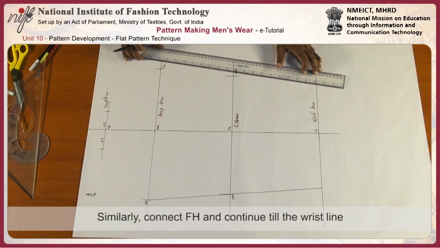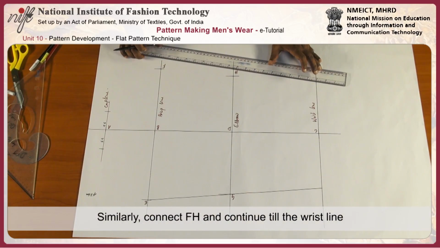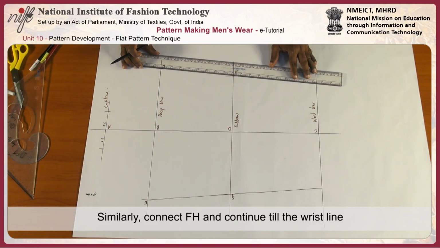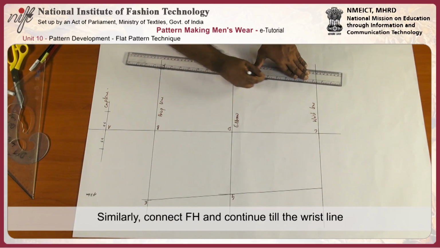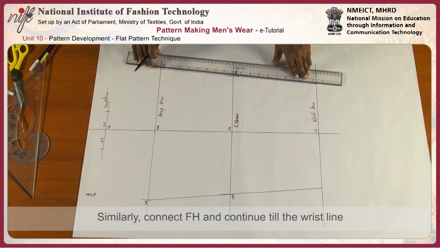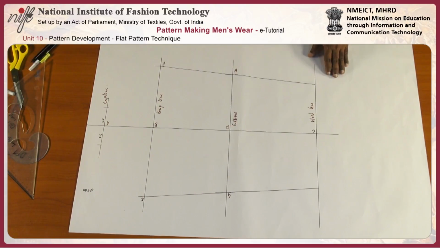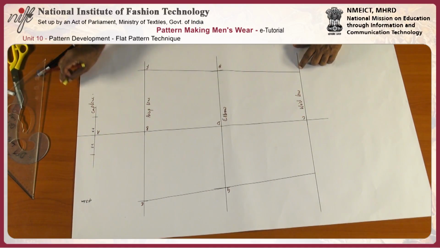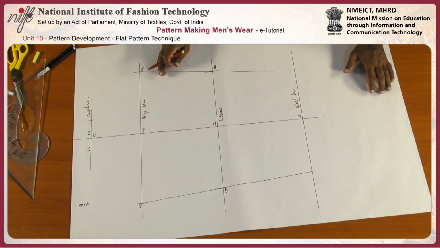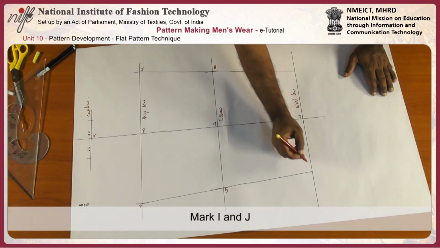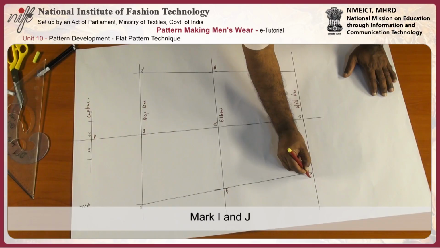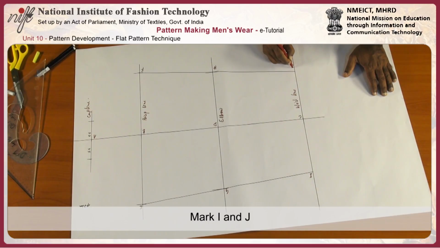It can be drawn to the other side also by connecting F and H and continuing again to the wrist line. Now the intersections at the wrist line will be I and J.